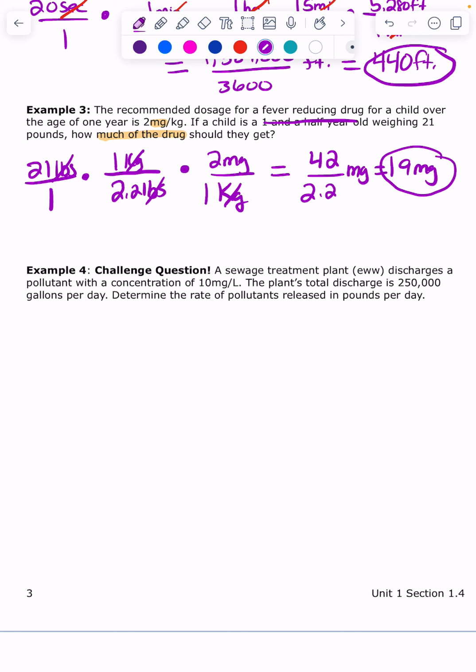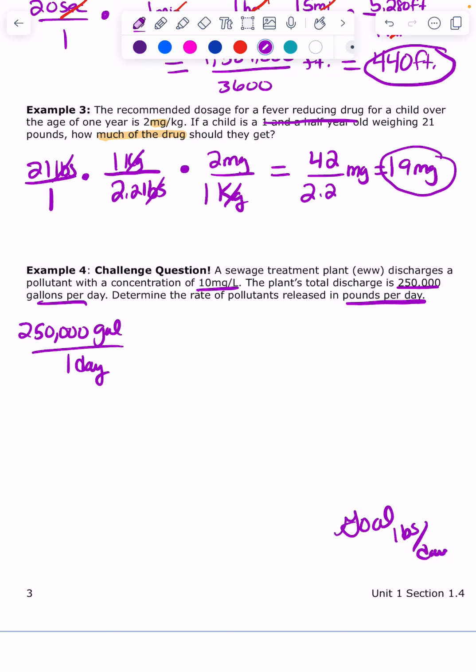So start with one of the values that they give you. I'm going to start with 250,000 gallons. And then I need to write it over 1 day here because that's what it's given. And the other thing we have is the concentration of 10 milligrams per liter. I'm trying to get to pounds per day. So down here I'm going to write goal: pounds per day.